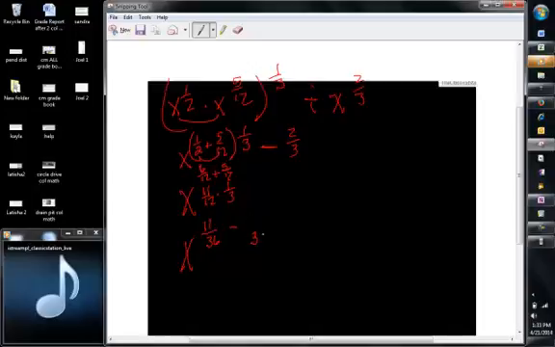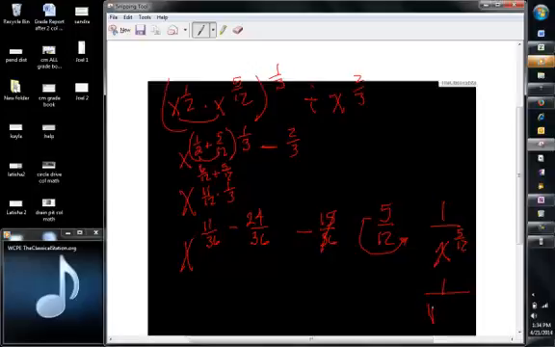Well, 2/3 is 24/36. 11/36 minus 24/36 is negative 13/36. Let's simplify that. So we have 1 over, that's what this negative sign does, x to the 13/36, or 1 over the 36th root of x to the 13th. That's it.